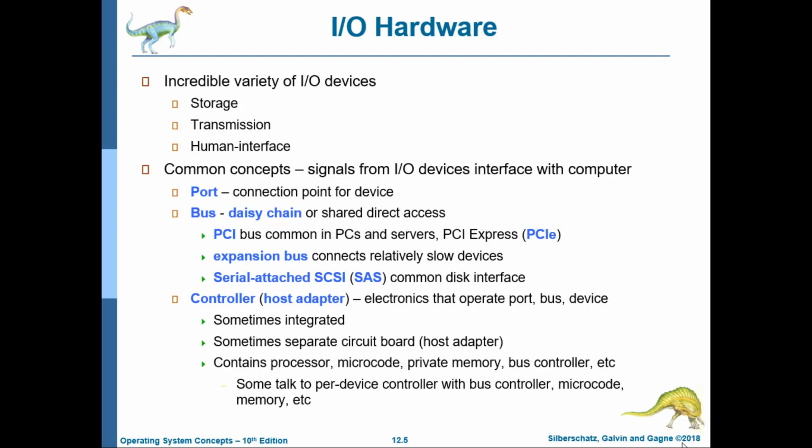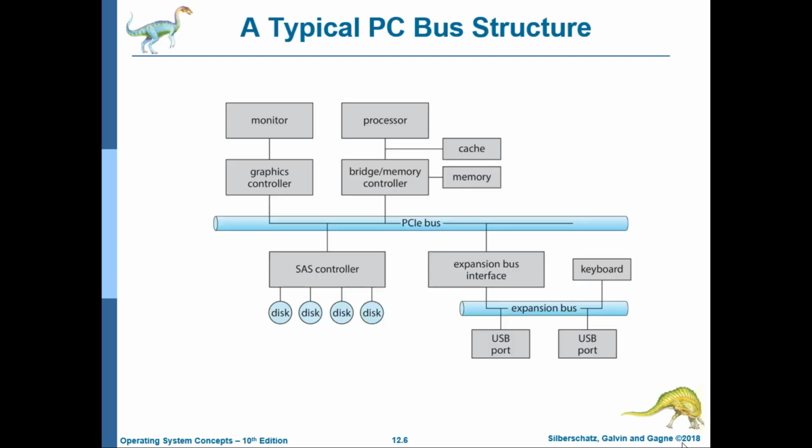It also contains a processor, microcode, private memory, bus controllers, and others. Some talk to per-device controllers with bus controller, microcode, memory, and others. This is the typical PC bus structure. In this example, all of the controllers are connected with the PCIe bus, the PCI Express bus.